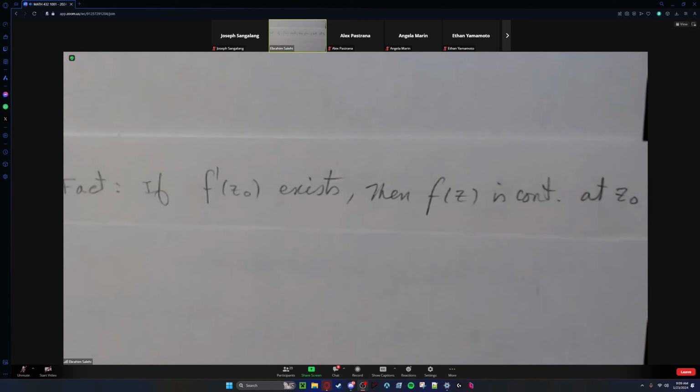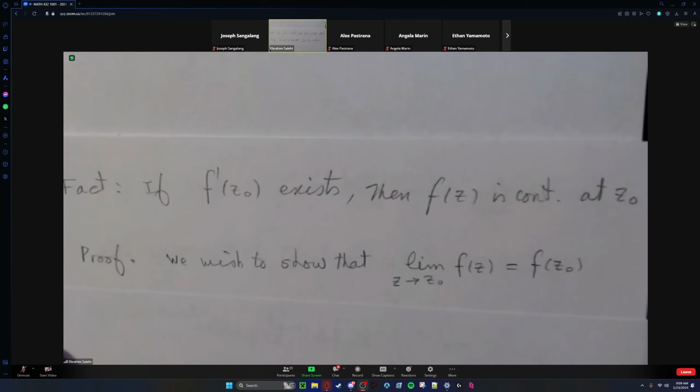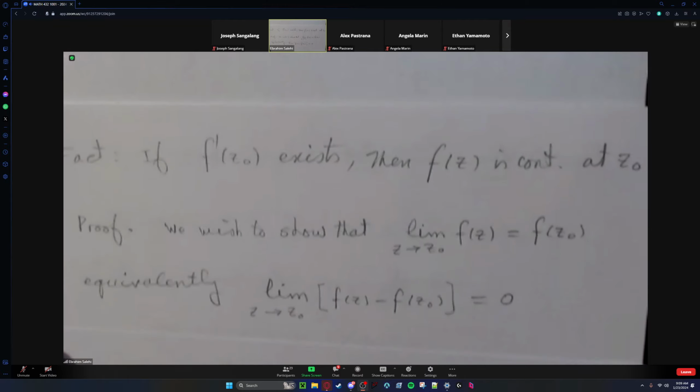What is the reason for this one? Well, assume that the derivative exists. To show that the function is continuous, you need to show this. Bring this to the other side. So you want to show that f of z minus this, the limit is 0. This is what we want to show.